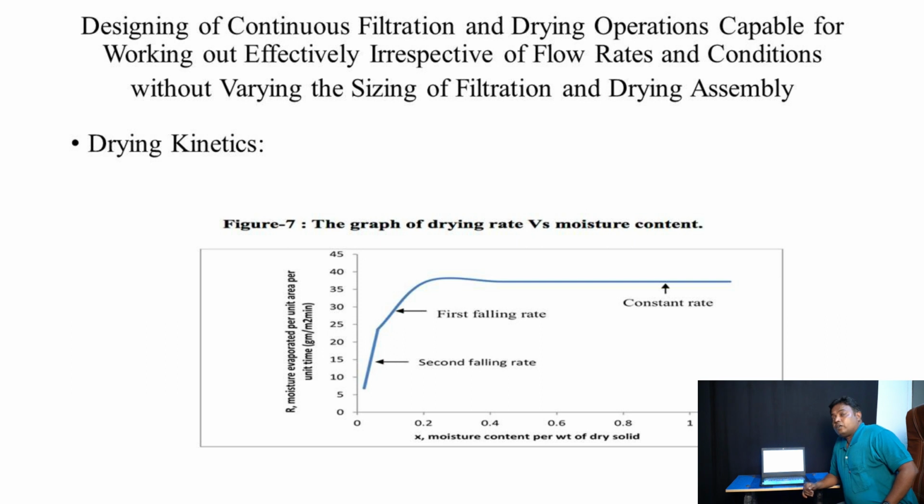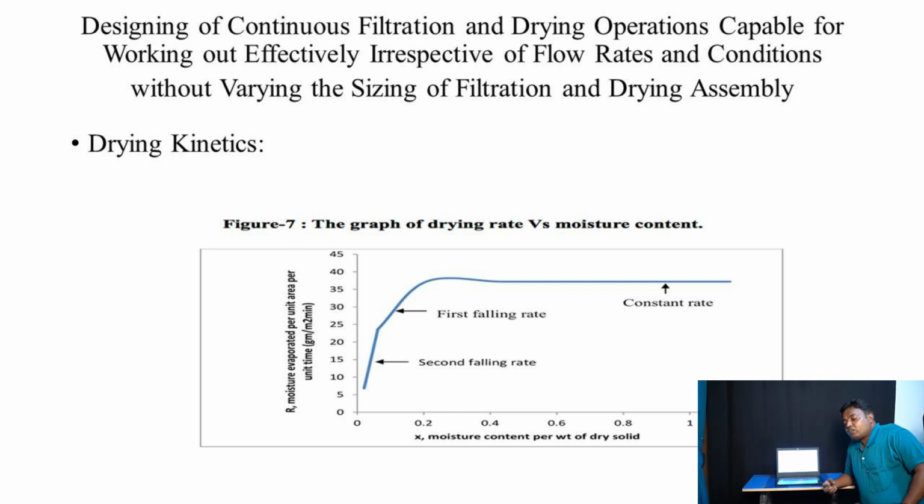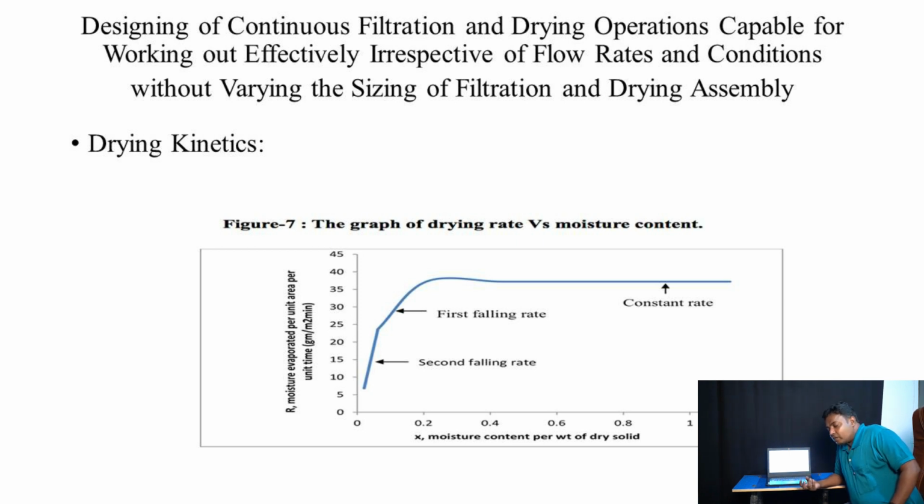It has been studied to find out the constant drying rate, the critical moisture content and the equilibrium moisture content. The critical moisture content is such that up to the critical moisture content, the rate of releasing the moisture from the bulk of the solid to the surface of the solid is the same as the rate of evaporation of the moisture from the surface of the solid.